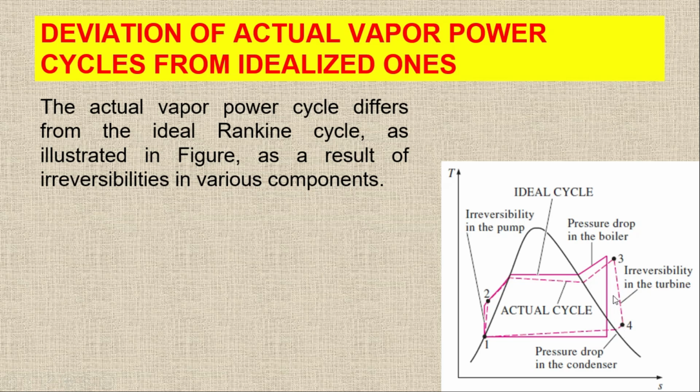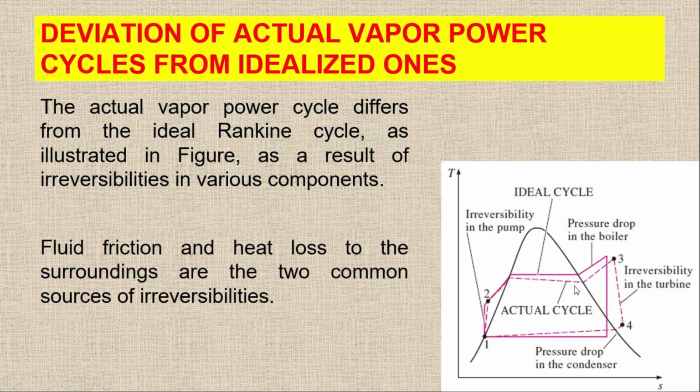Basically, the actual cycle differs from the ideal one due to the irreversibilities in various components. You can see here we have the irreversibilities in the pump, in the boiler, as well as in the turbine and in the condenser. So we have different issues involved in these components. That's why we are not getting the ideal Rankine cycle.